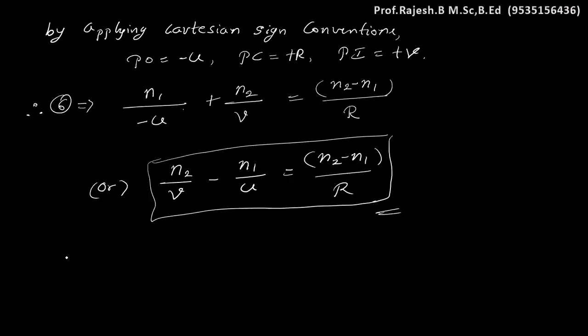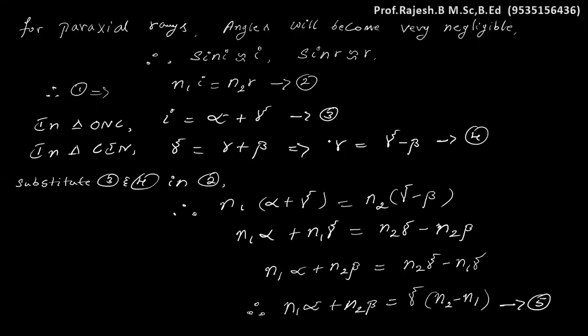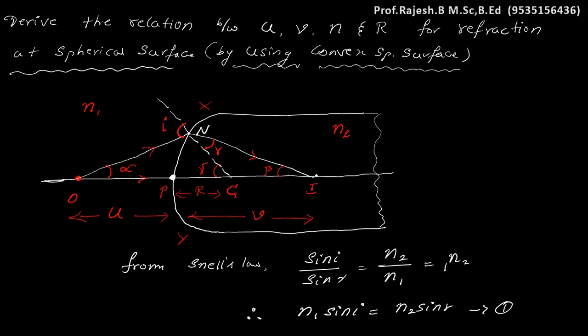Final derivation. So in general, we write that N2 is the refractive index of the denser medium, that is, where the image is formed, which we call the refractive index of the image space. N1 we call the refractive index of the object space.